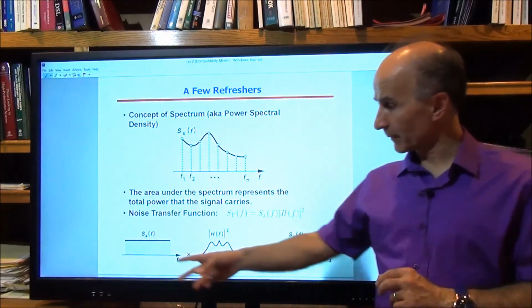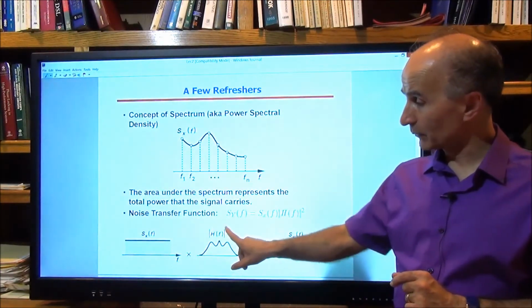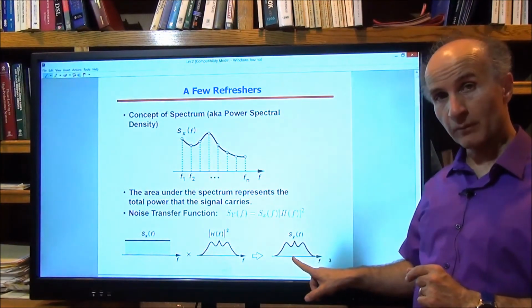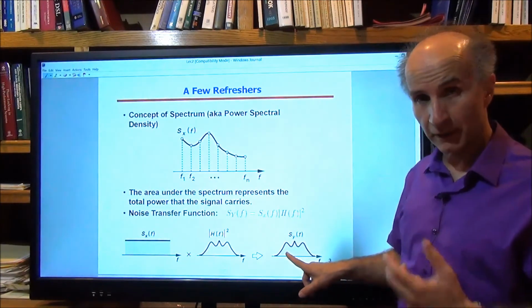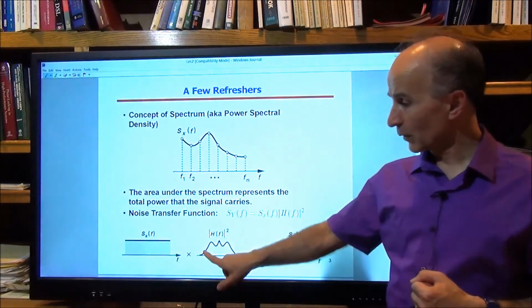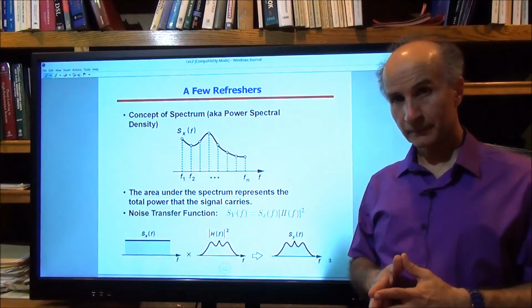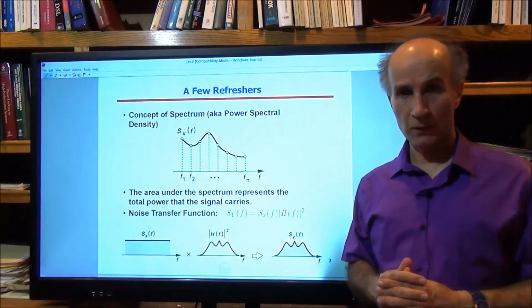So for example, if we have some sort of noise spectrum coming in and the magnitude squared has some shape like this, then the output spectrum will be like that. And sometimes we say this is a noise shaping function because this noise was shaped like so when it appeared at the output. This theorem is extremely critical for anything that we want to do in relation to noise.